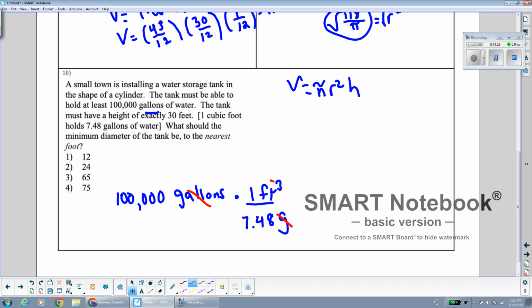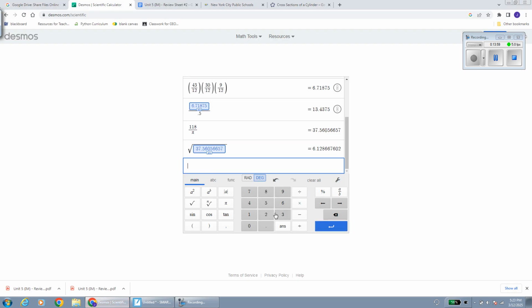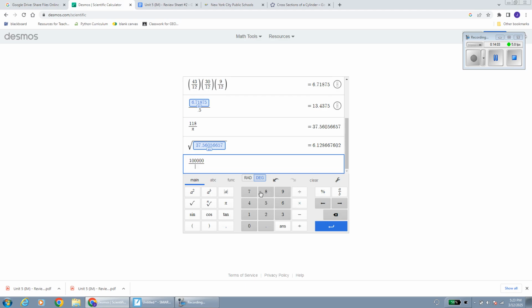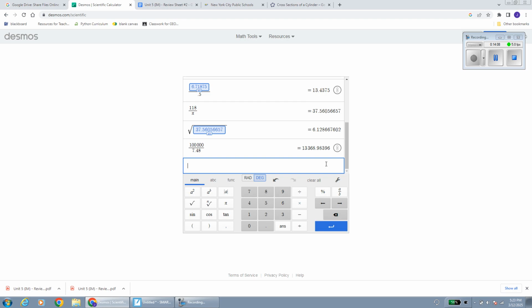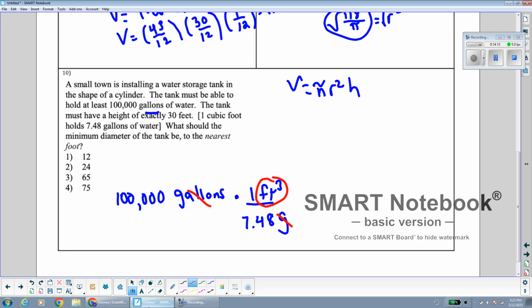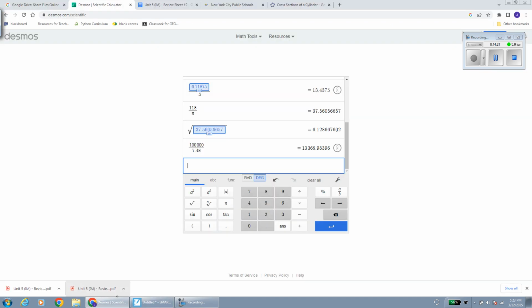So that way this will cancel out and we'll be left with cubic feet. So that's telling me I need to divide. So what I'm going to do first is divide 100,000 by 7.48. And then I got 13,368.983.